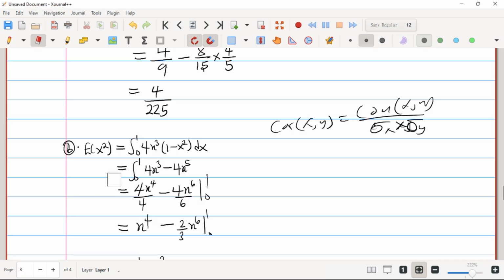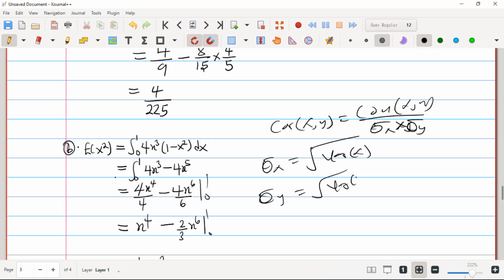Already we have expectation of x and expectation of y. For us to get the standard deviation of both x and y, we have to get the square root of the variance of x, and for y, the square root of the variance of y. So that is what we need to get.